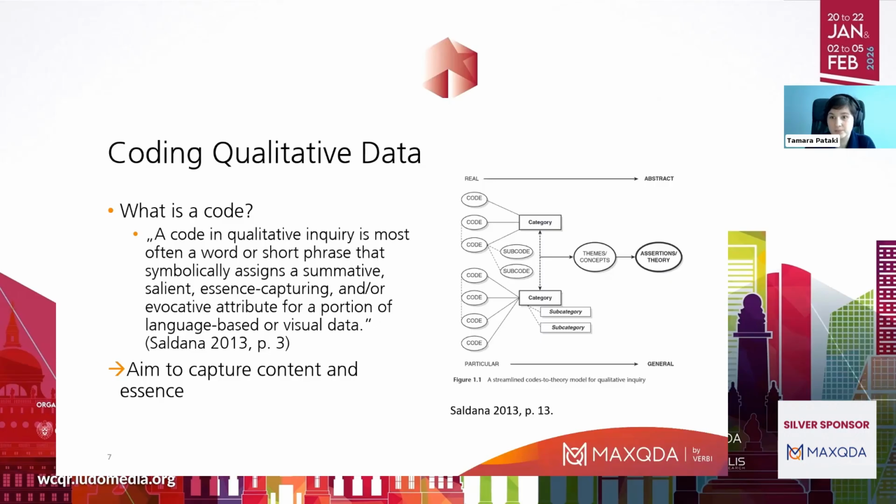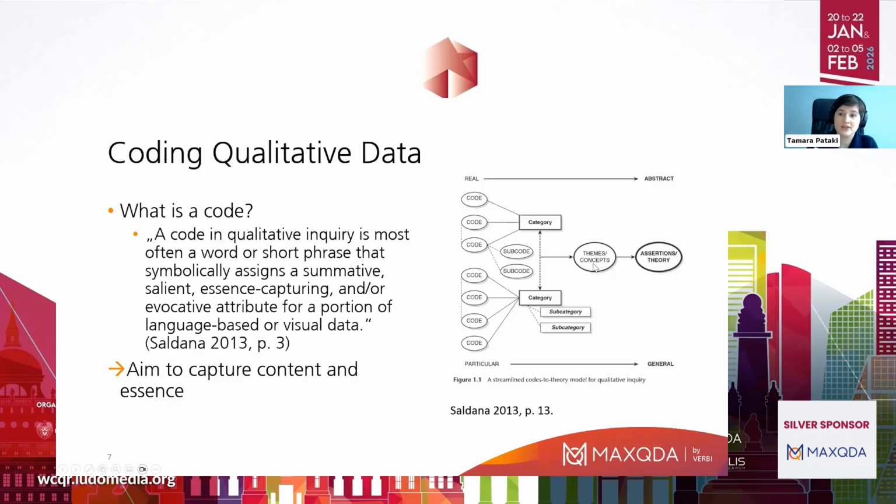In a lot of different approaches, in thematic analysis, qualitative content analysis, there are multiple levels of how the essence is being captured. They very often talk about codes, subcodes, categories, subcategories, and themes.